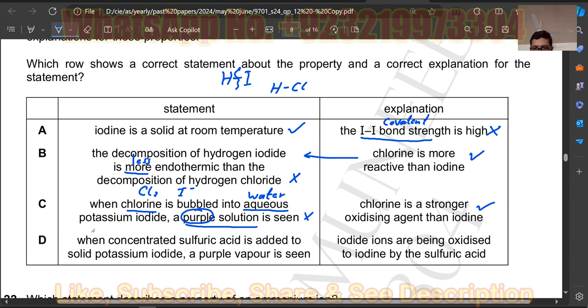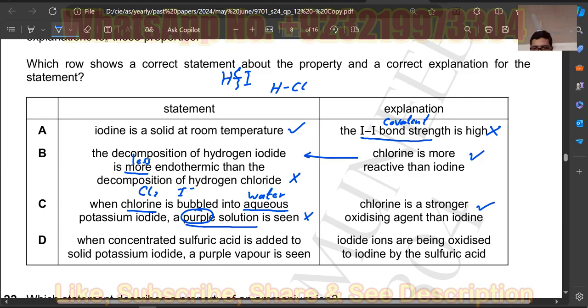Now the D option. When concentrated sulfuric acid is added to potassium iodide, a purple vapor is seen. So here the color is according to the state. The color is purple when there is a vapor. So that is a correct statement.